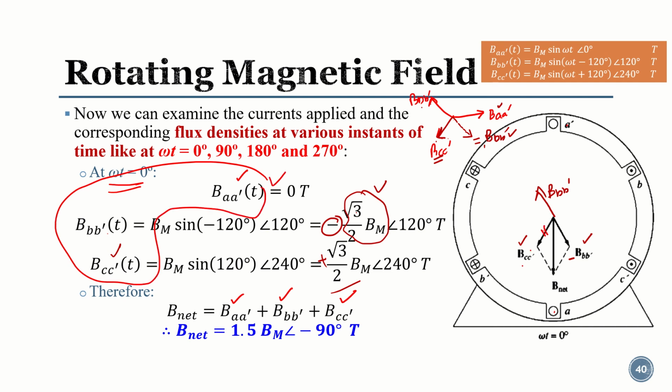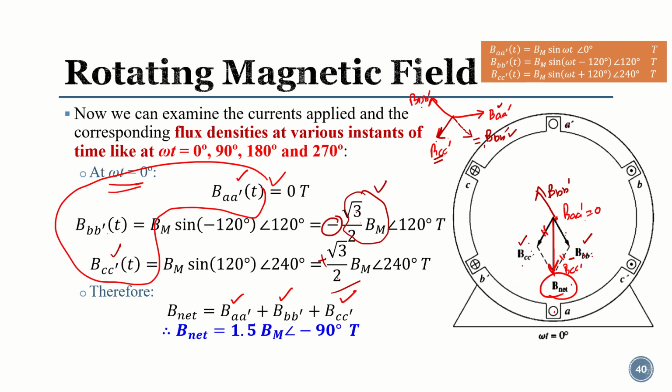So this is BCC dash. If I bring this BCC dash here because they are in parallel, BAA dash is basically 0 here. So the sum will be BB dash plus BCC dash, and that vector will be my net sum magnetic flux density: minus BB dash plus BCC dash.